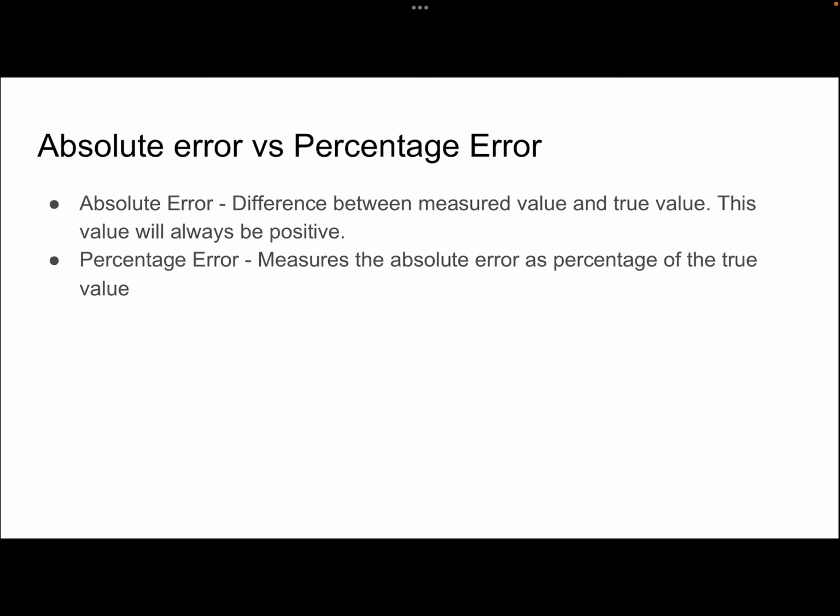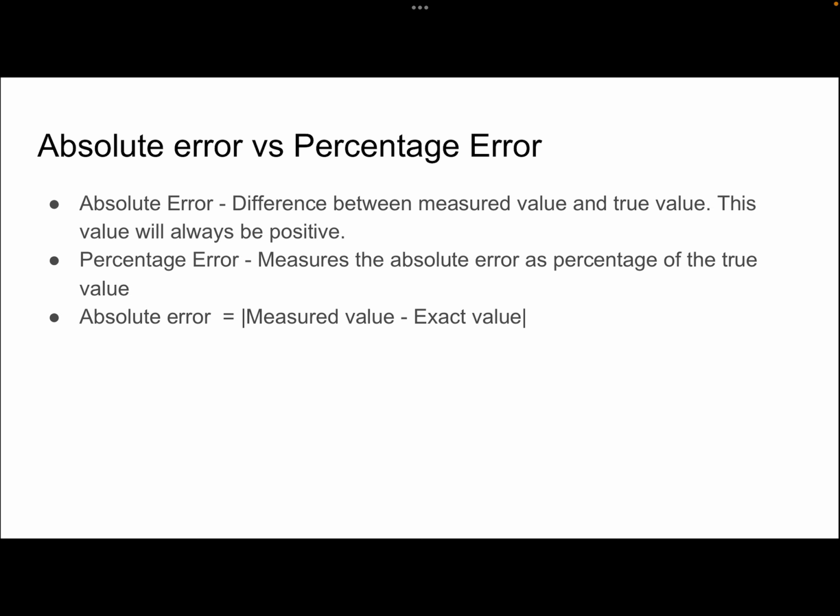So we want to find out, in relation to the true value, how much of that number is the absolute error. There is a big difference in why we use absolute and percentage error, because it comes with different circumstances, which I'm going to show you shortly.